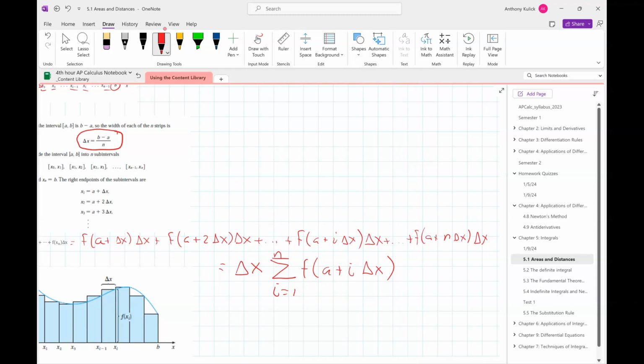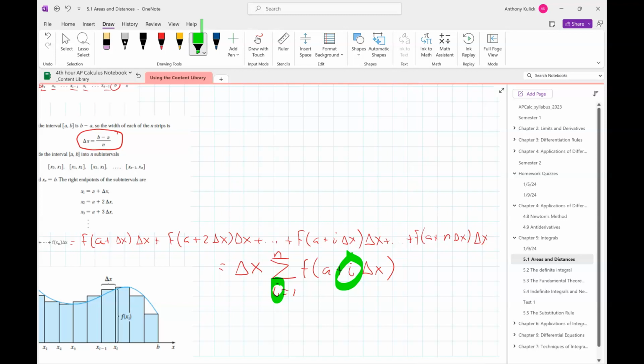Why don't you specifically pick f of a plus i delta x? Well, I indexed it with a variable. So whatever variable I'm choosing as my index variable should be in my formula.